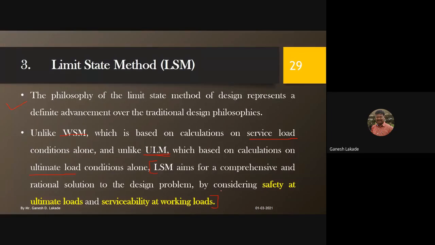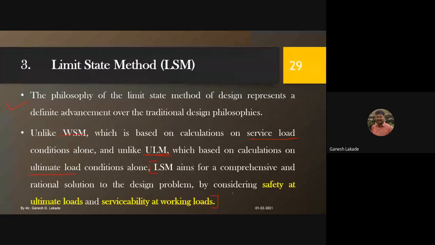Serviceable means that whenever that structure is subjected to working load, the deformations or deflections produced in that structure should be within the specified limits. It should also produce a safe environment, so that safety is felt by the users. That is called serviceability. Serviceability means whenever that component is in actual service, it should behave satisfactorily.